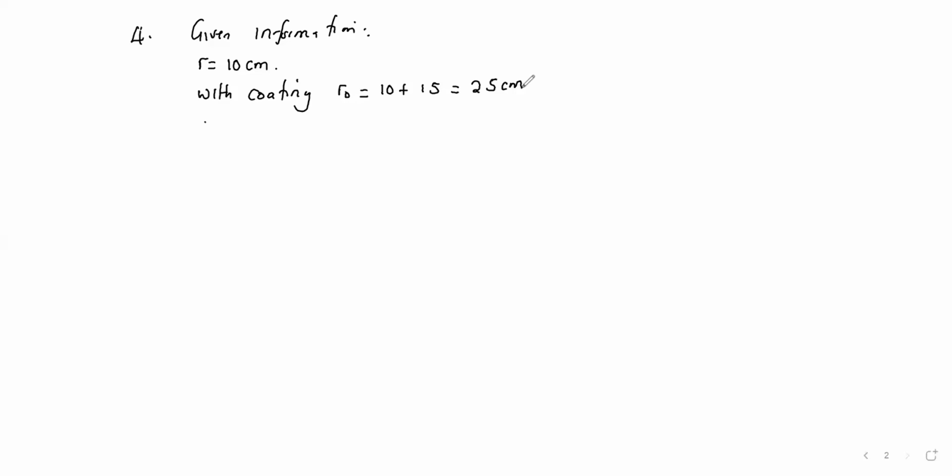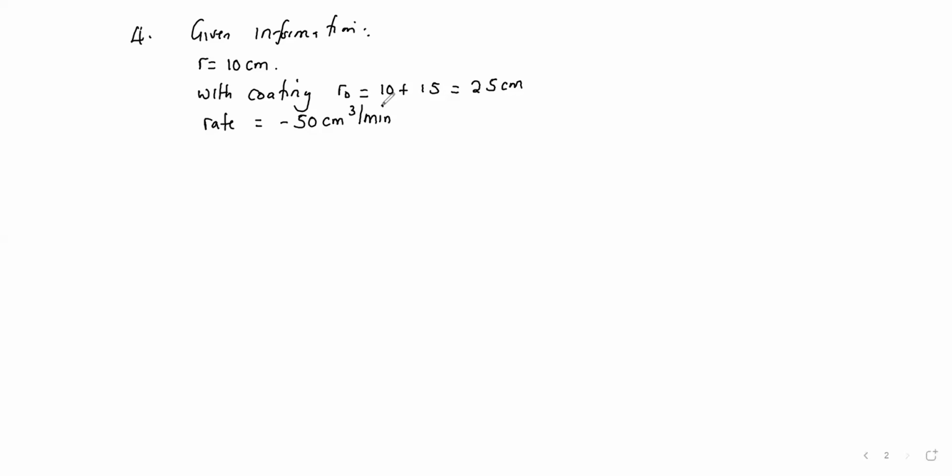And then the rate at which it's melting is negative 50 per minute. Why negative? It's melting, it's reducing. Remember the ice, when it starts melting, the ice is finishing. So it's reducing.